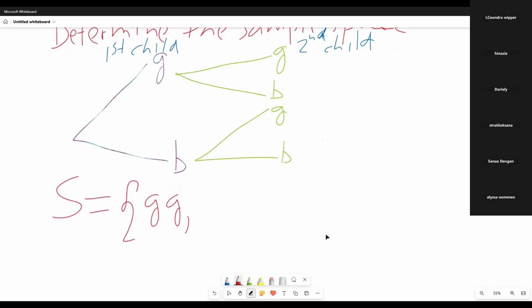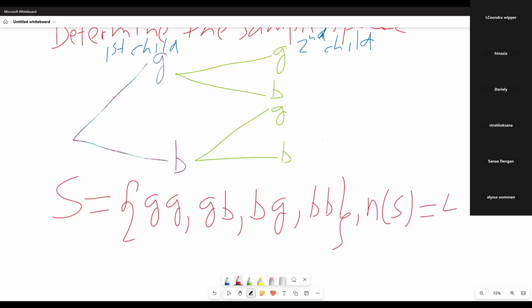Or girl, boy: the first one is a girl, the second one is a boy. Or the first one is a boy, the second one is a girl, or both are boys. So here, there are 4 outcomes in the sample space.